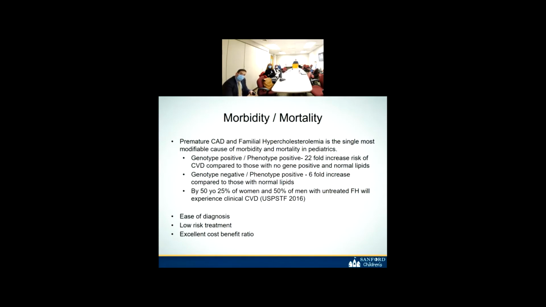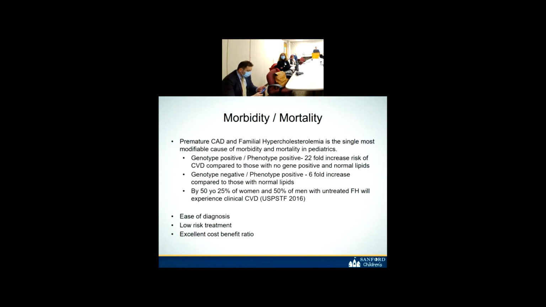If you're genotype negative but phenotypically positive, you have a 6-fold increase compared to those with normal. So again, having that gene and those abnormal receptors and liver processing puts you at a markedly increased risk. So much so that by 50 years of age, 25% of women and 50% of men are going to have a clinical cardiovascular event.